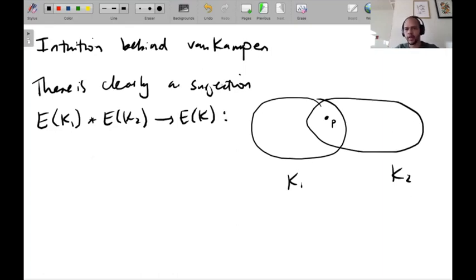So let me explain why this is true. To explain this, what we want to do is start with any edge path in K. That's something that wanders around all of K, and it's via edges, so that's why I'm drawing it in this piecewise linear way.